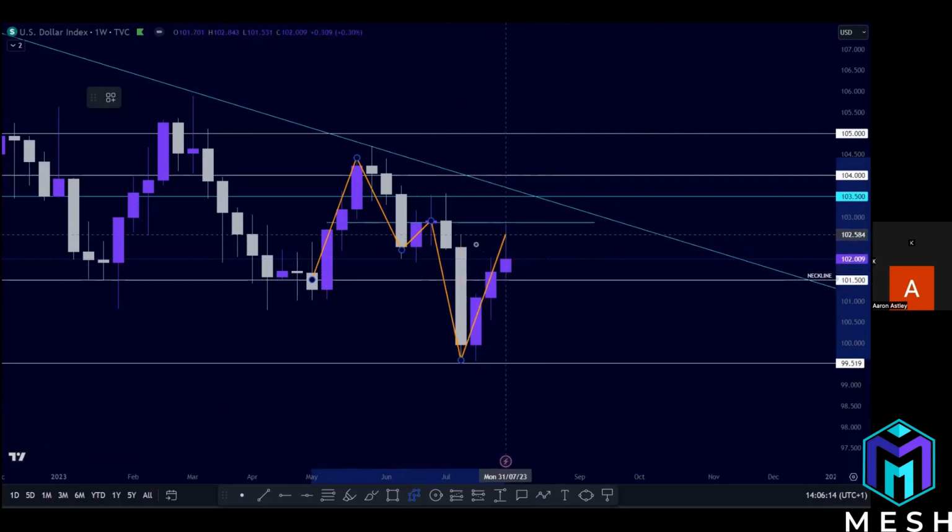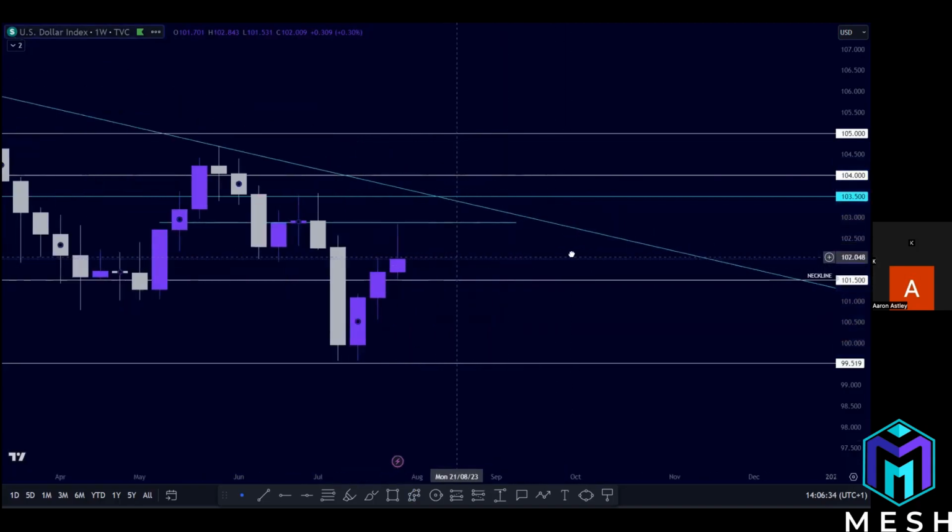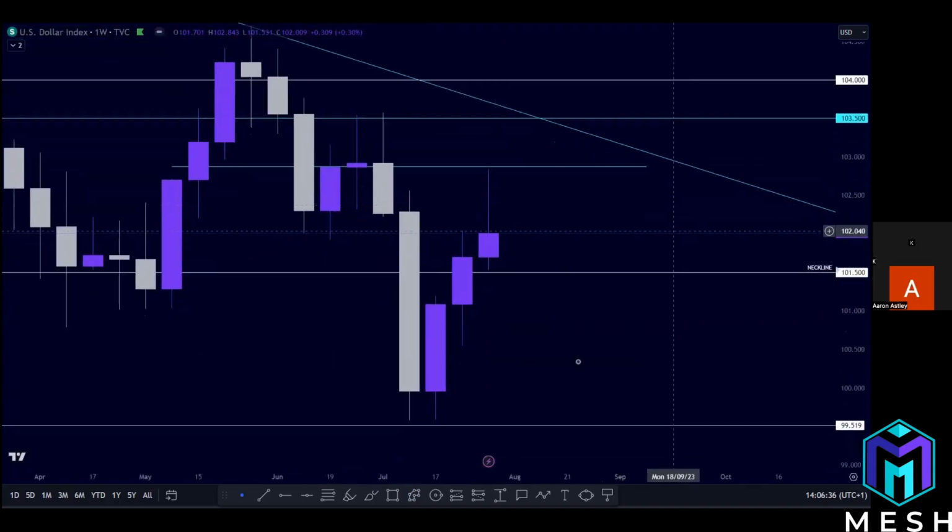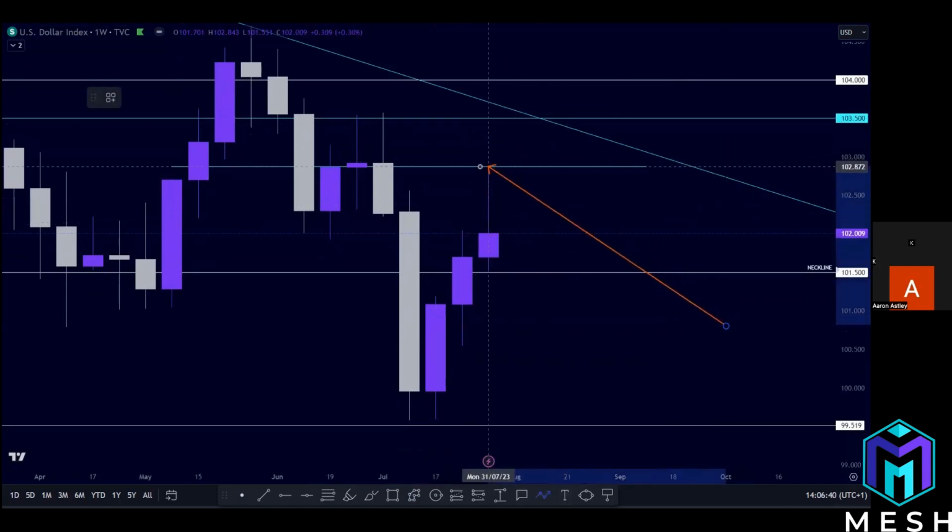And we've come back to retest this previous weekly structure and this area around 102,800, call it 102,900 area, where we've seen resistance established previously. So now price has come back up and tapped that area and then pulled back before closing for the week. As you can see, seeing a lot of buyers' exhaustion this week here.